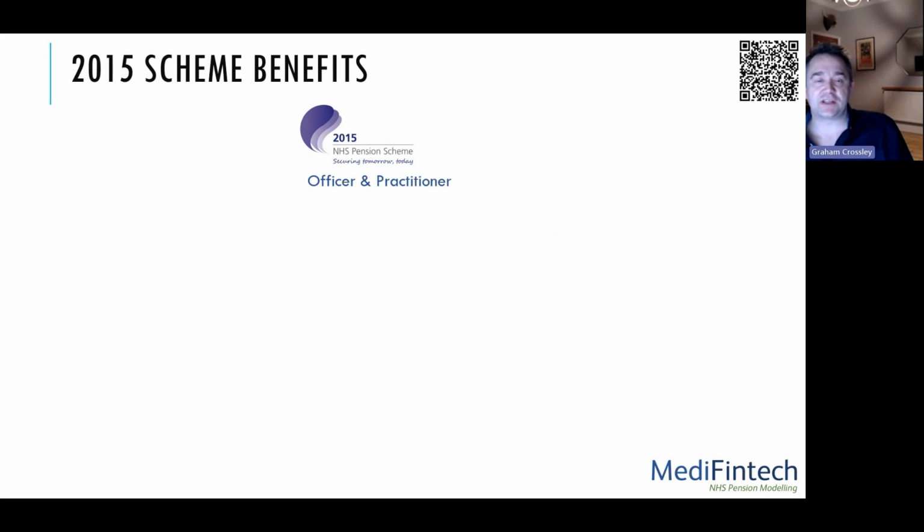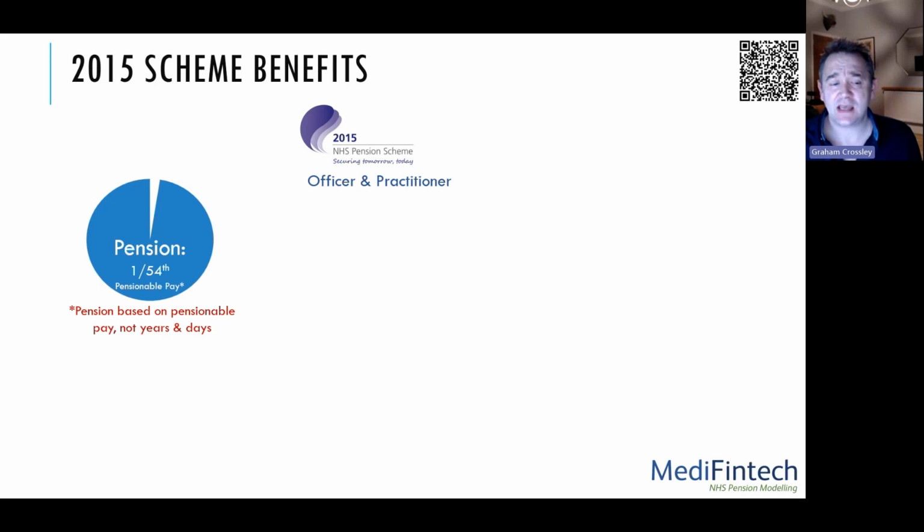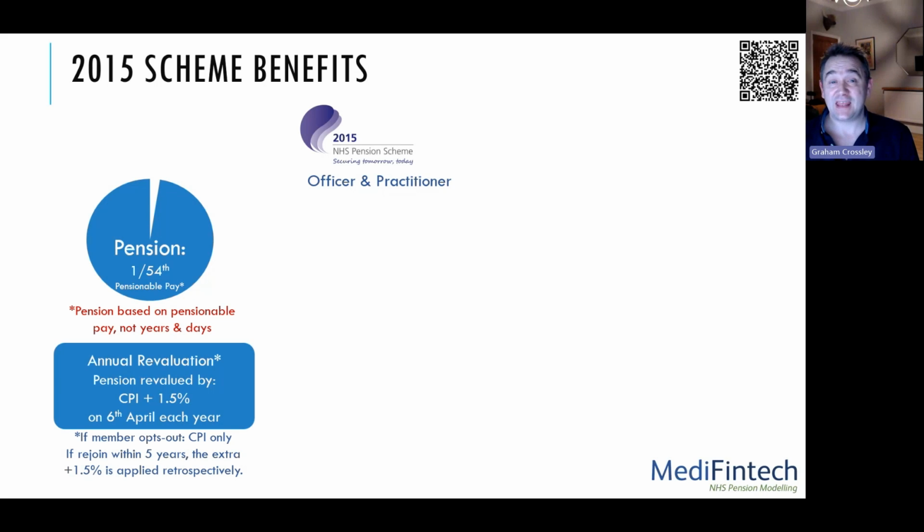Moving on into the 2015 scheme, and again, there's a QR code to that scheme booklet as well. Now, instead of all of those years and days, you are actually building up your entitlement based on your pay for the year. So you get an entitlement based on 1/54th of your pensionable pay. This entitlement is then revalued each and every year by CPI plus 1.5%.